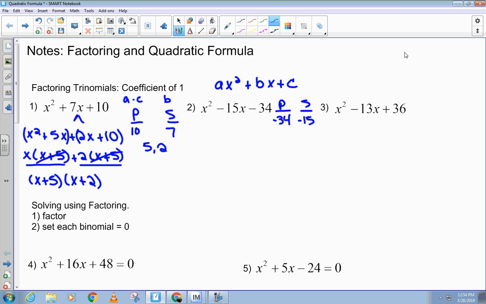Okay, all right. 2 and 17, but you notice that the 15 has to be negative, right? Negative 17. They have to be opposite signs, but sometimes part of the whole deal is just figuring out what the two numbers are, and then figuring out where the signs come from, okay? So they have to be opposite signs, and since the sum is negative, the bigger number needs to be negative. Okay, so I can immediately go and factor this into x plus 2, x minus 17.